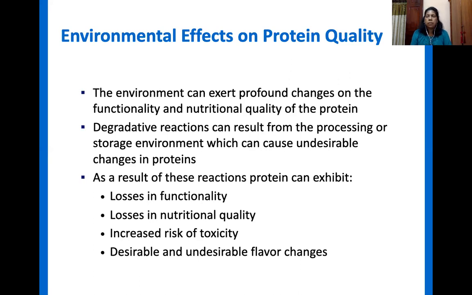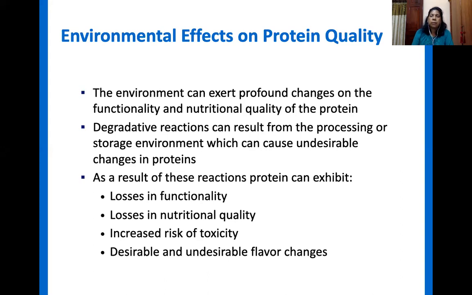Or the shear force, or just boiling, or agitation, or foaming, whipping, nothing. And pH changes, nothing happens. But only if these reactions are going on, then nutritional quality is affected, because through that reaction the protein is linked with the other compound and forms a different type of molecule.